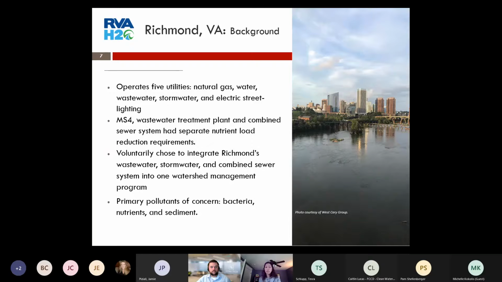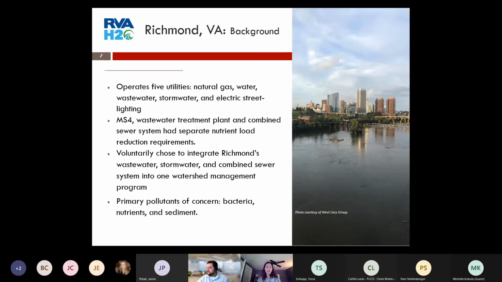So Richmond, Virginia, they operate 5 utilities. 2 of them are electric or natural gas, and the other 3 are water: drinking water, wastewater, and stormwater. And within the Richmond area, they do have MS4 area. They also operate their wastewater treatment plant, and they have a combined sewer system. And what was interesting about Richmond is they looked at all of these separate nutrient load reduction requirements that they had.